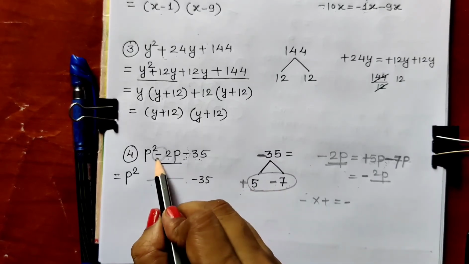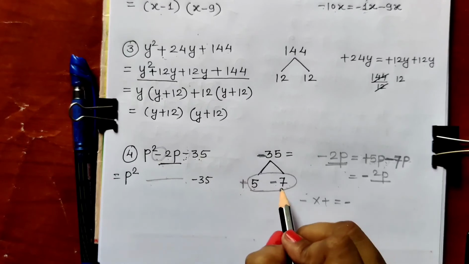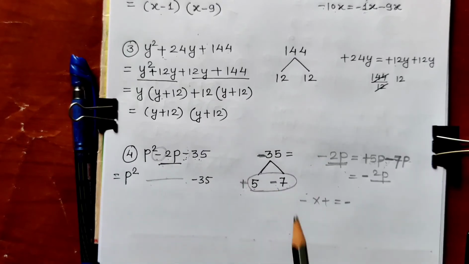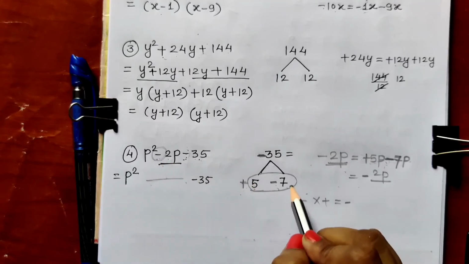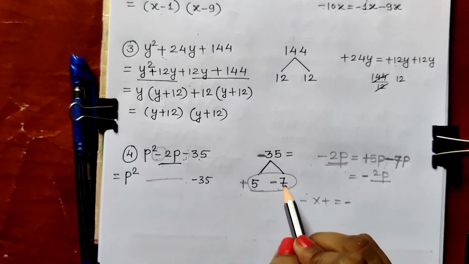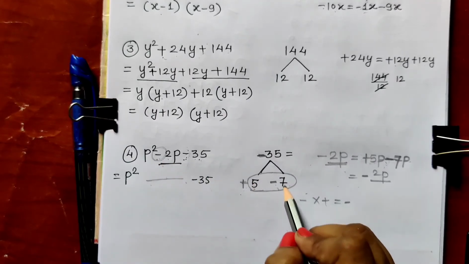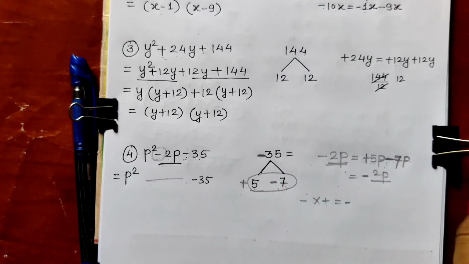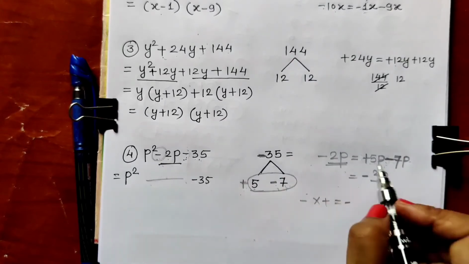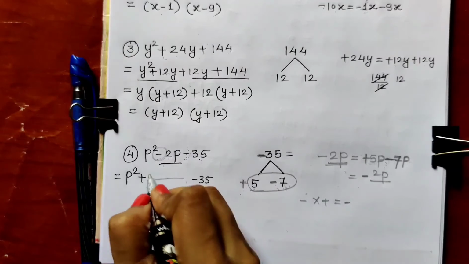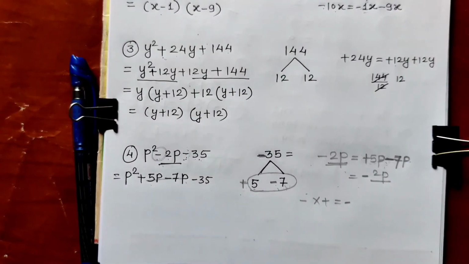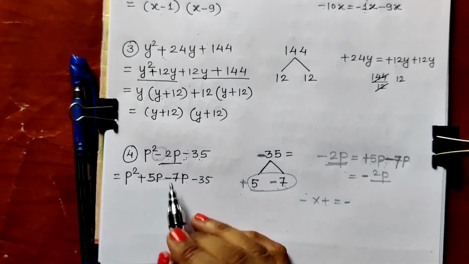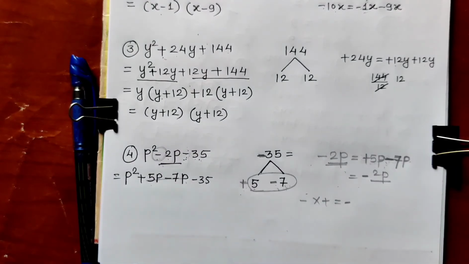So the sign of the middle term should be the sign of the bigger number. Always keep this in mind. The sign of the middle term should be the sign of the bigger factor. So this can be expressed as plus 5p minus 7p. So plus 5p minus 7p, we get minus 2p.